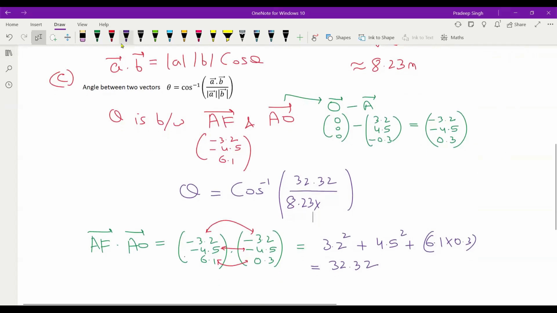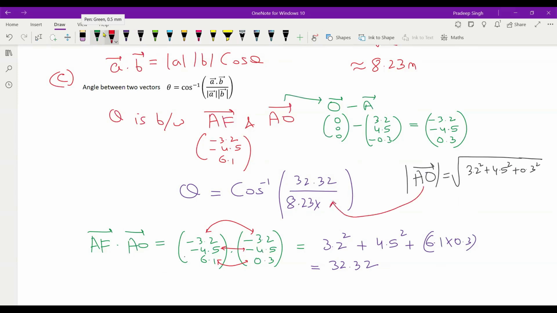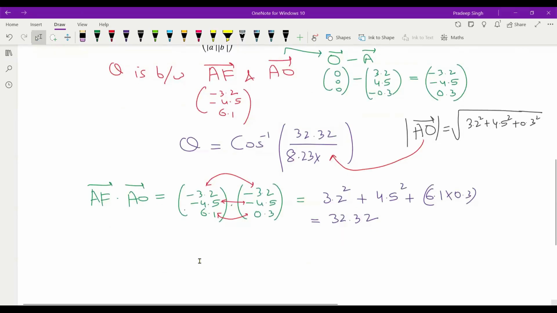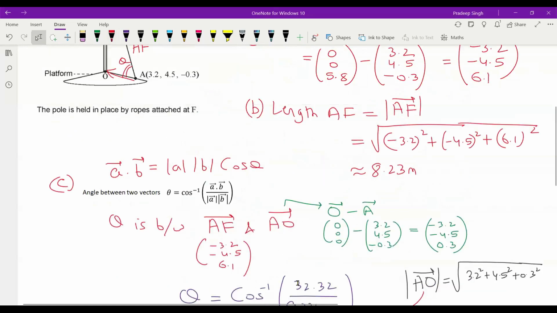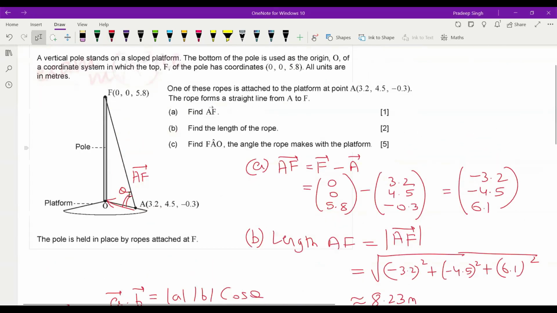Let's figure out the magnitude of AO vector using the same formula, square root of 3.2 squared plus 4.5 squared plus 0.3 whole squared. Now if we simplify this and put that in the formula, we will get a value of theta. Eventually the value of theta which we should get after taking the cos inverse is 0.71 radians. And that is the answer to part C of the question, which was this angle theta.